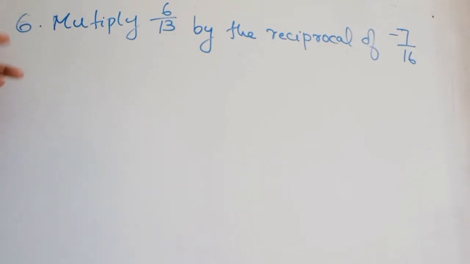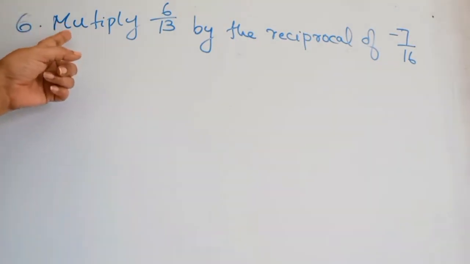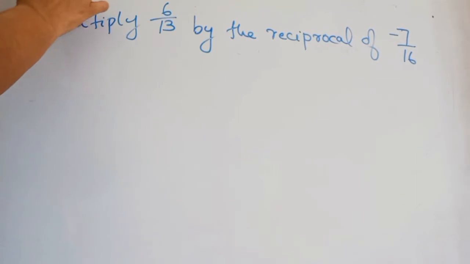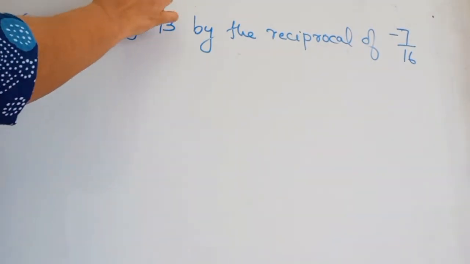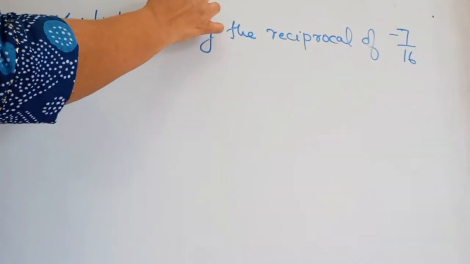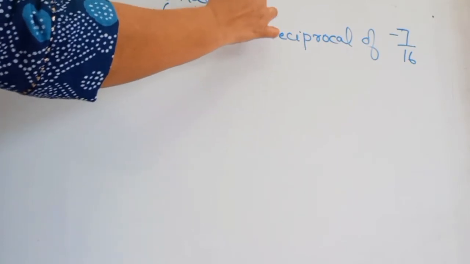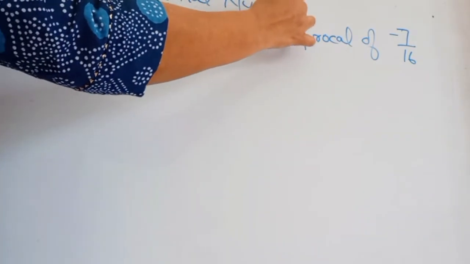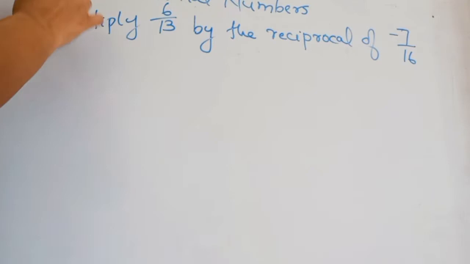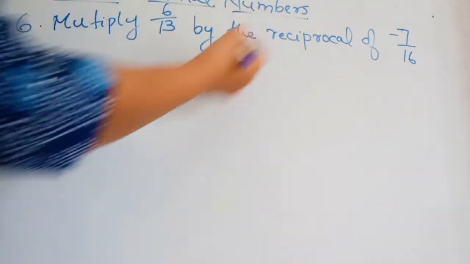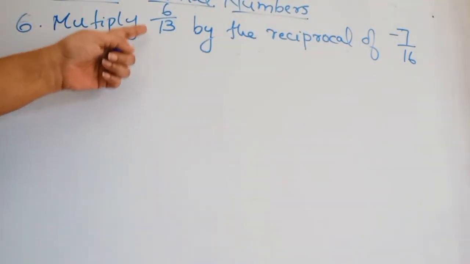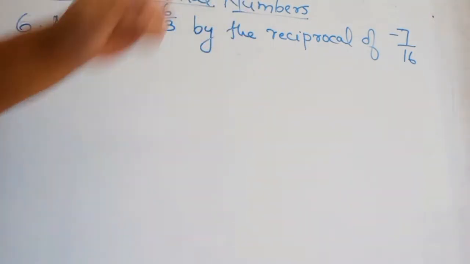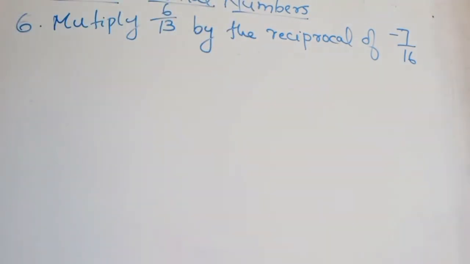Now we can discuss question number 6 of Exercise 1.1, rational numbers, grade 8. Multiply 6 by 13 by the reciprocal of minus 7 by 16.